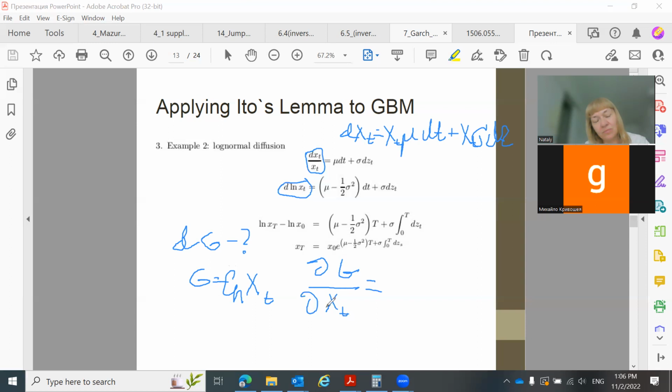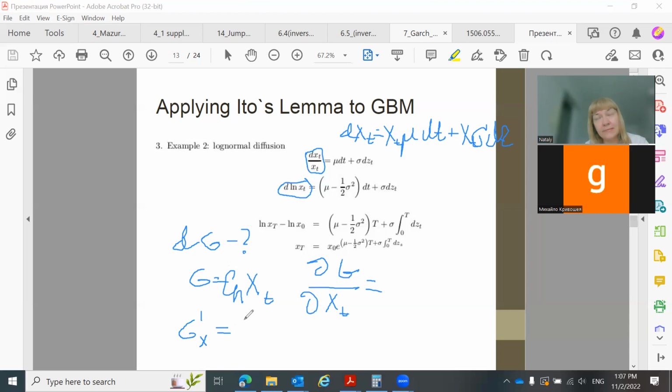We have ln x_t. What is the derivative of this function g with respect to x? I thought the derivative of ln x was like epsilon multiplied by x.